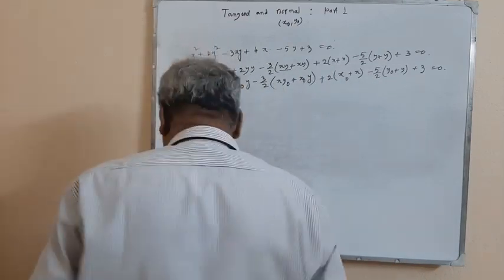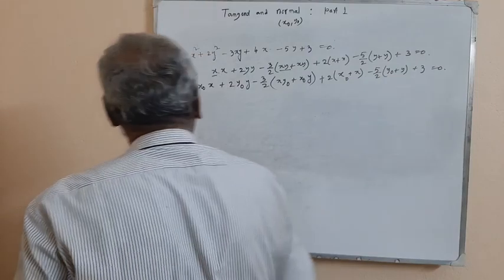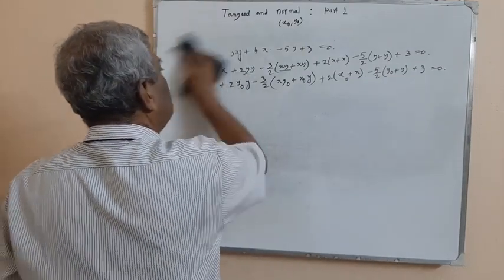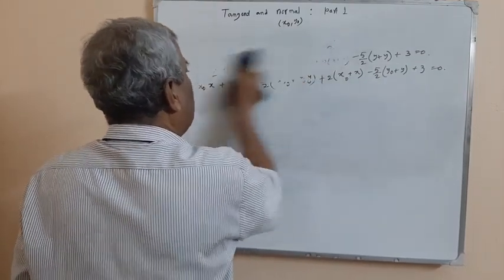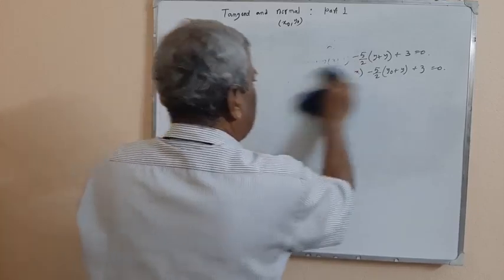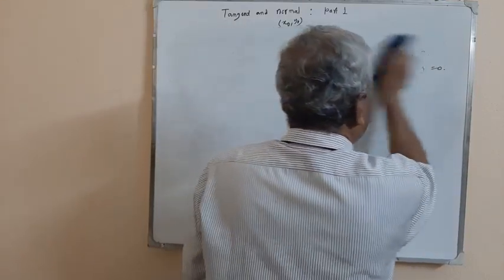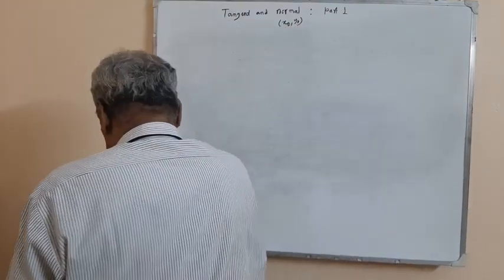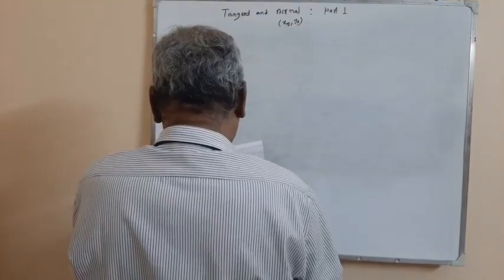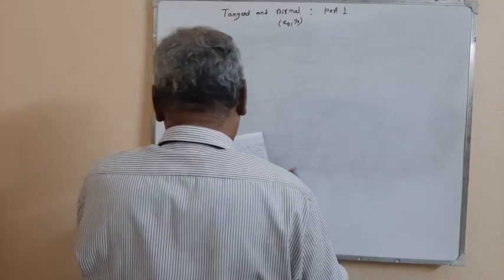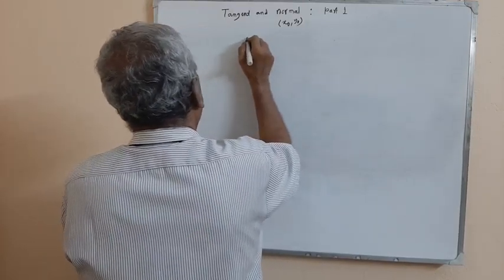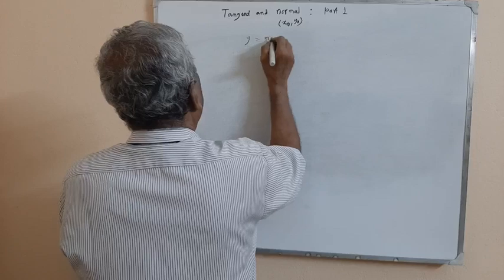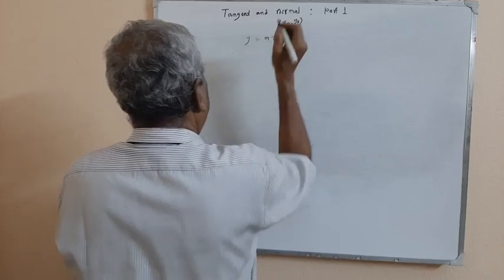Then next we discuss one more important thing. For a few particular curves, if the gradient of the tangent is known to us, suppose the gradient of the tangent is m, its equation will be y = mx + c.